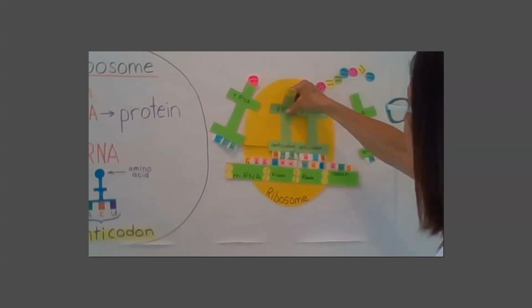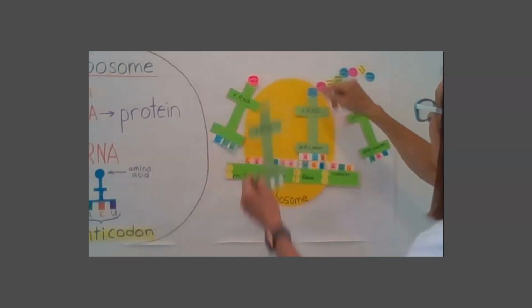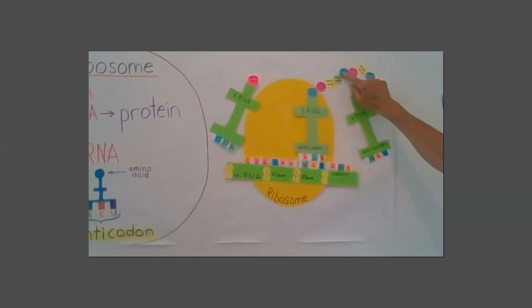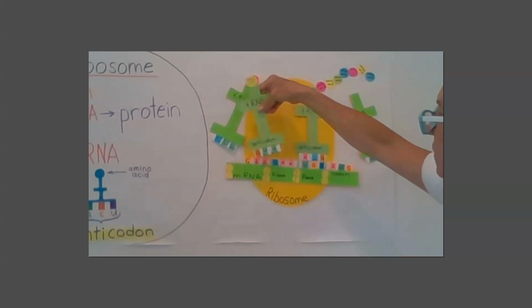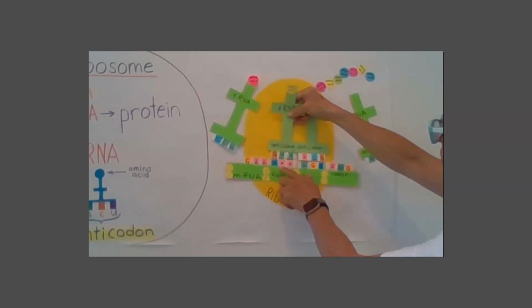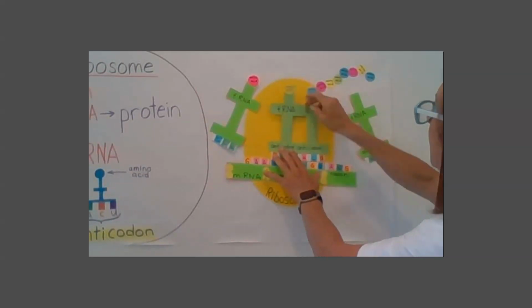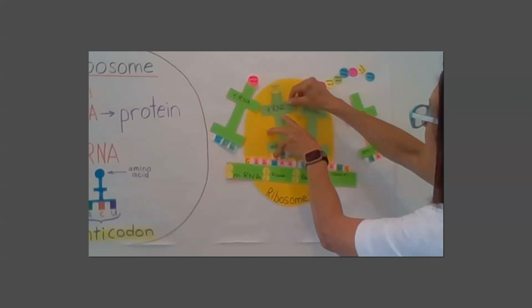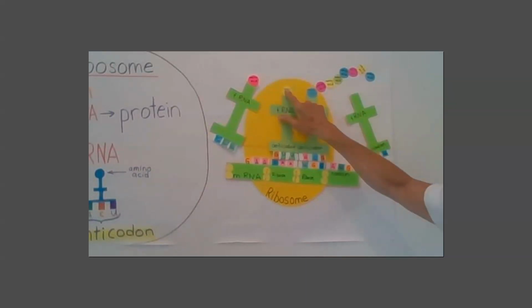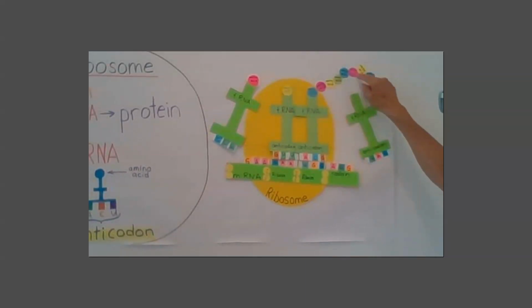As you can see, this one is coming in and it's going to be dropping off its amino acid. This one will come in and match up its codes, and then we'll be next in line to match up with these.